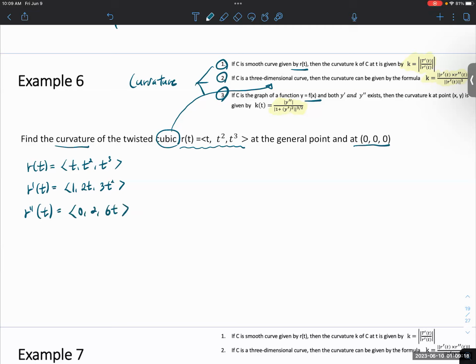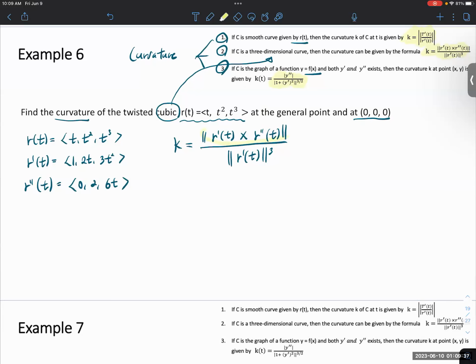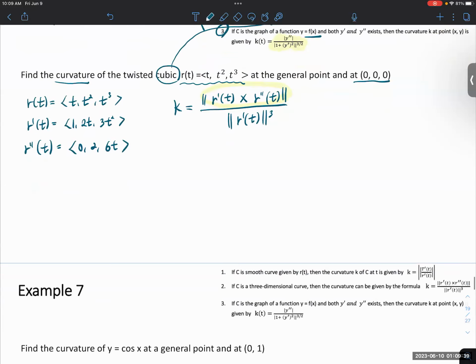And then according to the formula to find the curvature, you have to do the cross product between r prime and r double prime, take its magnitude, divided by the magnitude of r prime to the third power. So let's do the numerator: r prime of t times r double prime of t. This is a cross product.